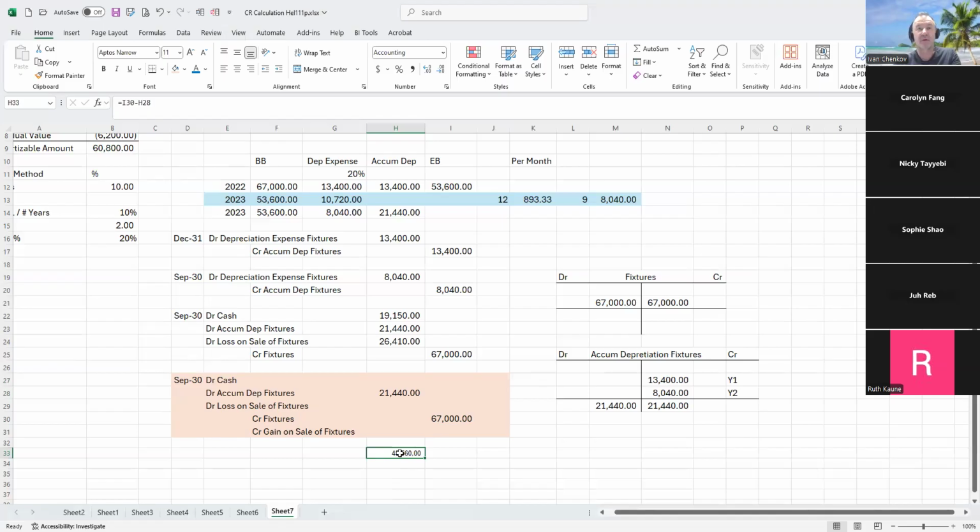If I get more than this amount, I'm going to have a gain. If I get less than this amount, I'm going to have a loss. What am I losing? I'm losing the opportunity to use the asset and transfer the cost of the asset as an expense. But am I actually losing that opportunity? No. Why? Because I'm deducting that loss from my income anyway.